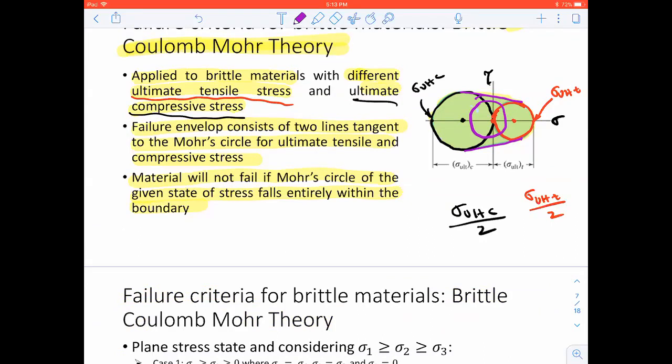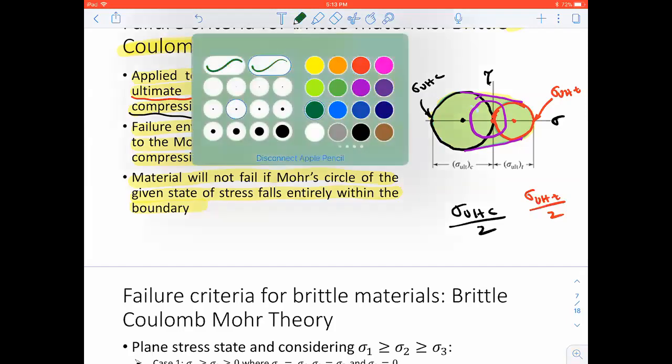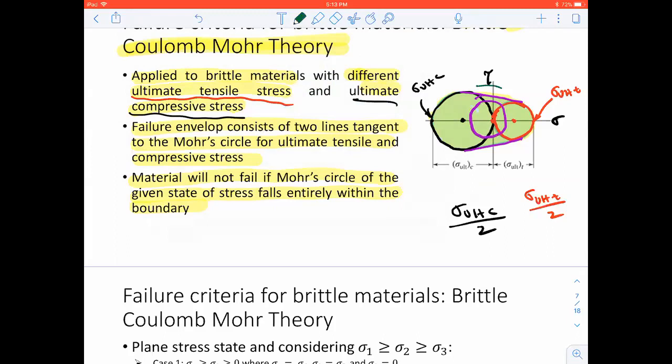If you end up having a circle like this, say a green circle that falls outside that shaded region, then we are going to say it will fail. So this is exactly what it says: it will not fail if the Mohr circle of the given state of stress falls entirely within the boundary.